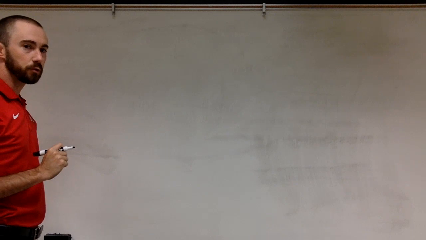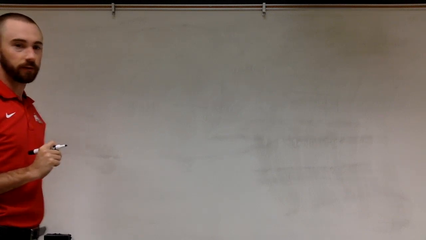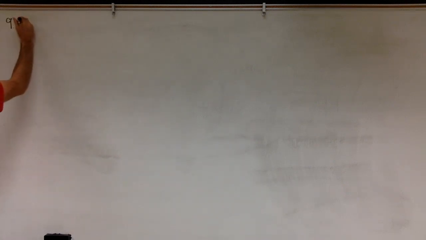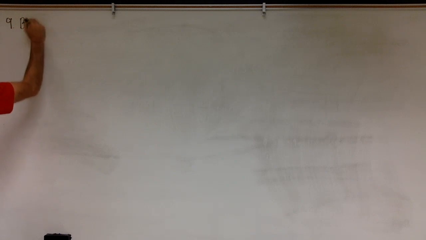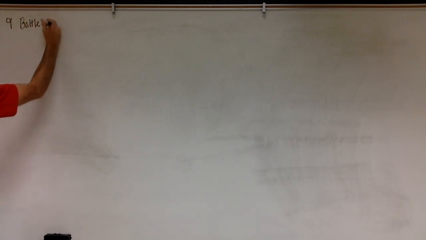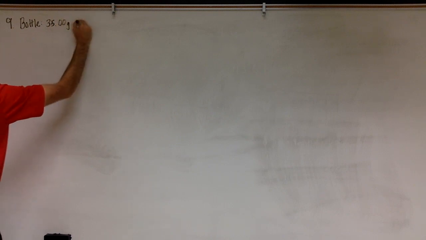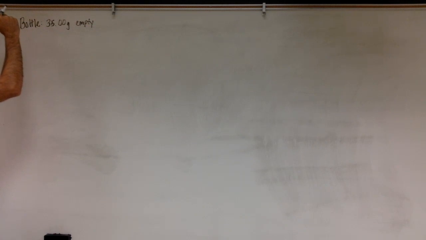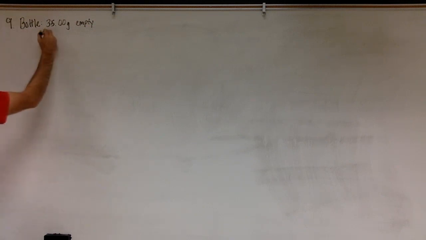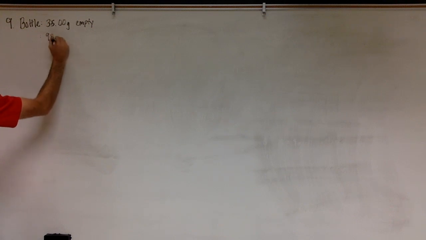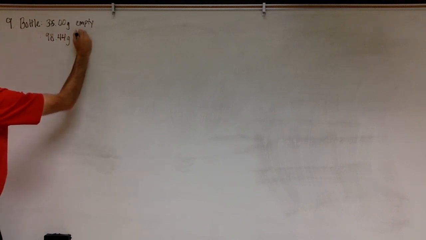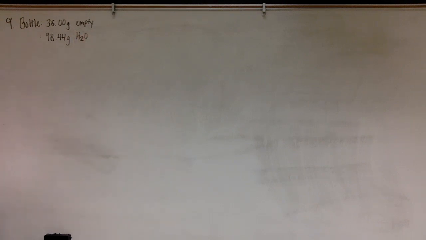One little addendum here. I want you to do a practice problem on specific gravity. So here we go. If I have a bottle and it has a mass of 35.00 grams when empty, and I'm going to fill it with water. So this is still the bottle. Filled with water, it has a mass of 98.44 grams.